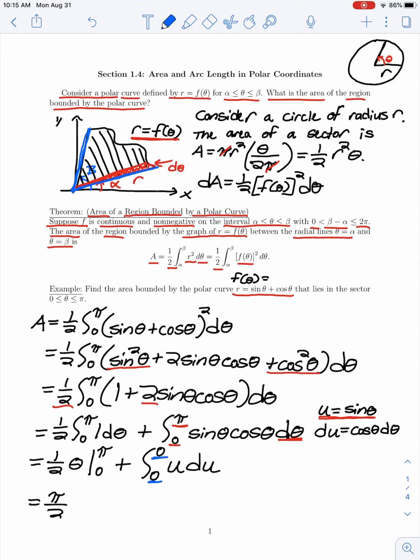Such a definite integral gives 0, and we're left with a total of pi over 2 for the area of this region being described. We could visualize that, of course, if we plot this function using Desmos over the indicated interval, we can see what exactly this region of interest looks like.